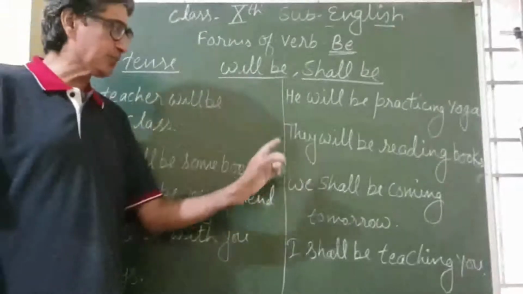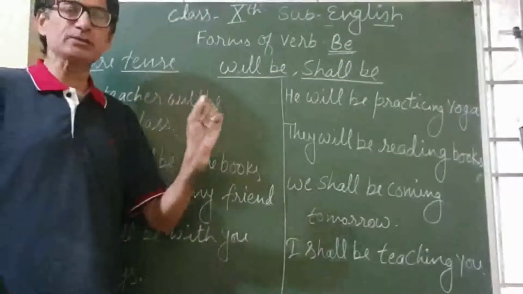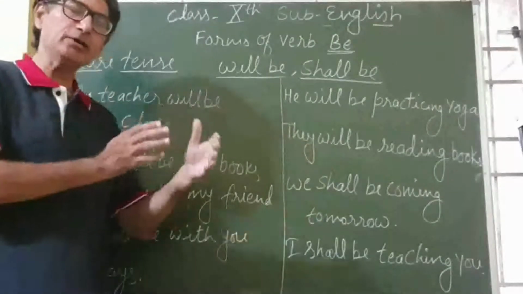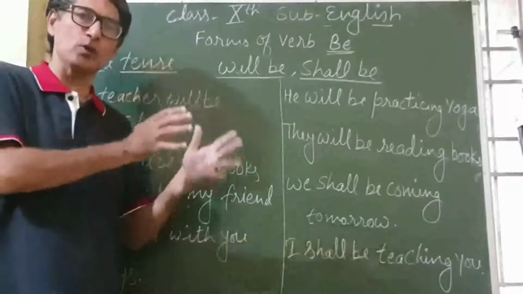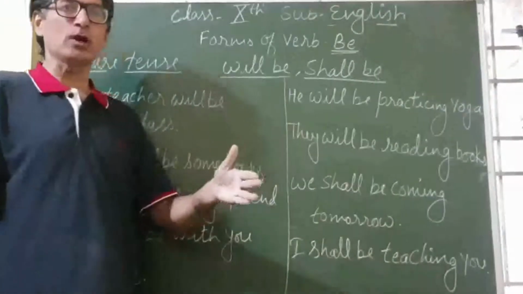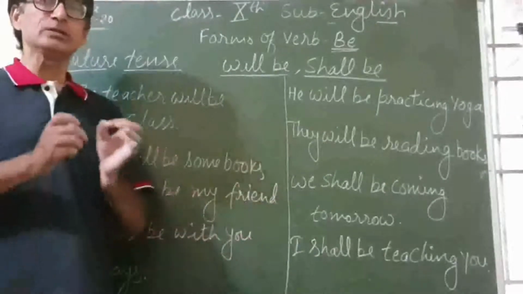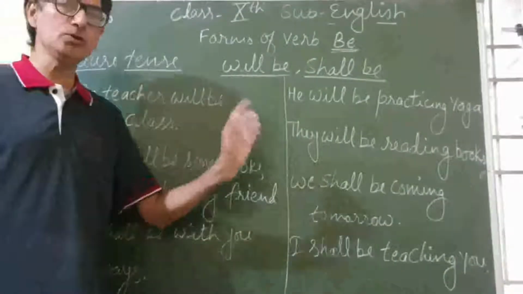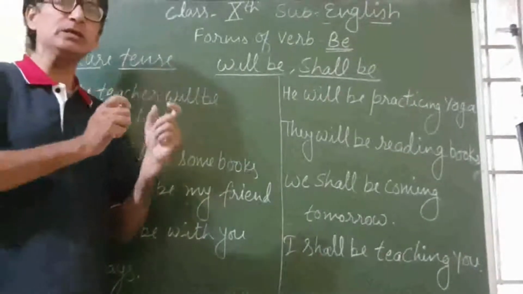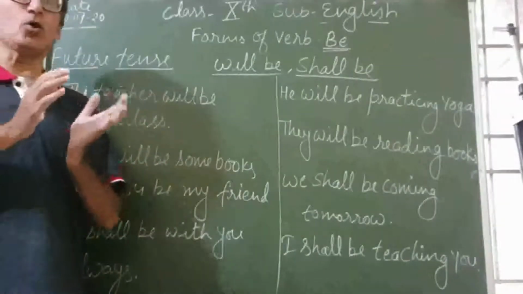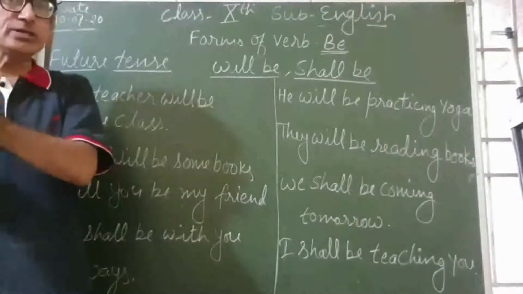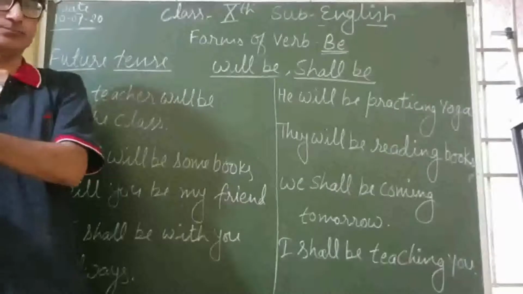So the first person subject is pronoun I and we. This I taught you during the classification of pronouns person wise, that the first person pronouns are I and we, the second person pronoun is you, and the third person pronouns are he, she, and it, and all the nouns. All the nouns are considered as third person.